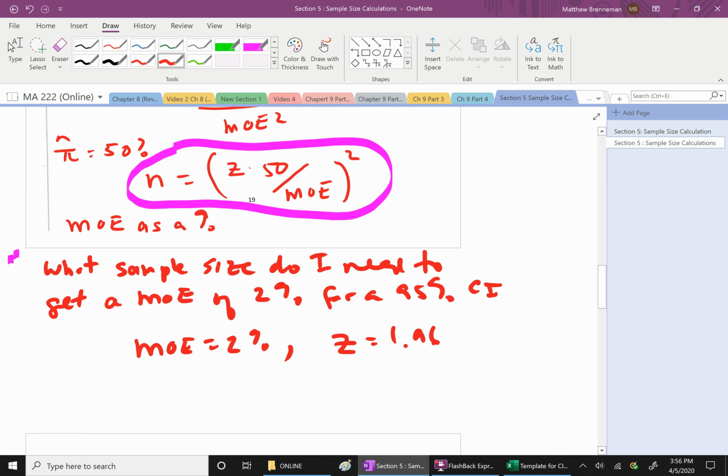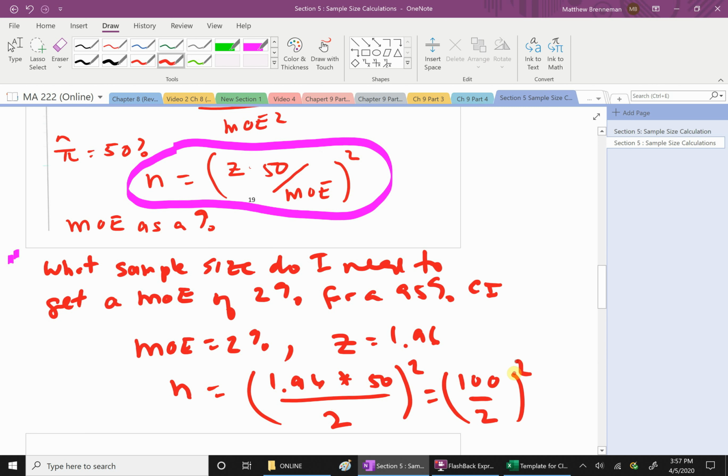So n is equal to 1.96 times 50 over 2 squared. And notice 1.96 times 50 is roughly 2 times 50. So this is roughly 100 divided by 2 squared.